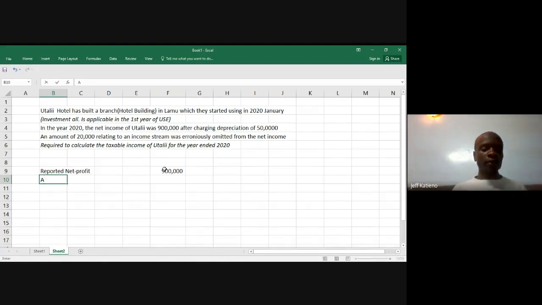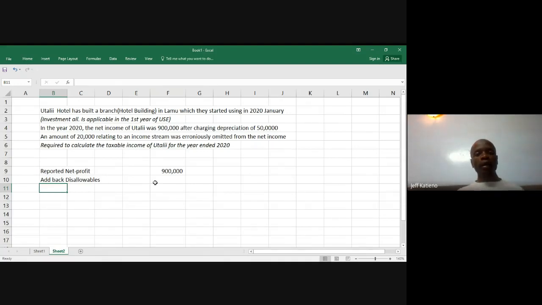So we should add back the disallowables. The disallowable here is depreciation, because depreciation is not allowed to be charged against income by the government.